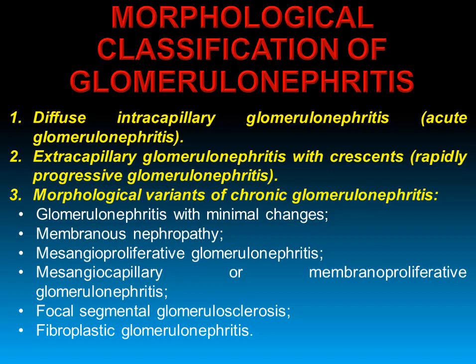First of all, glomerulonephritis with minimal changes or lipoid nephrosis, minimal change disease. After that, membranous nephropathy, mesangial-proliferative glomerulonephritis, mesangial-capillary glomerulonephritis, focal segmental glomerulosclerosis, and fibroblastic glomerulonephritis, which is actually a possible outcome for all the above-mentioned forms of glomerulonephritis.